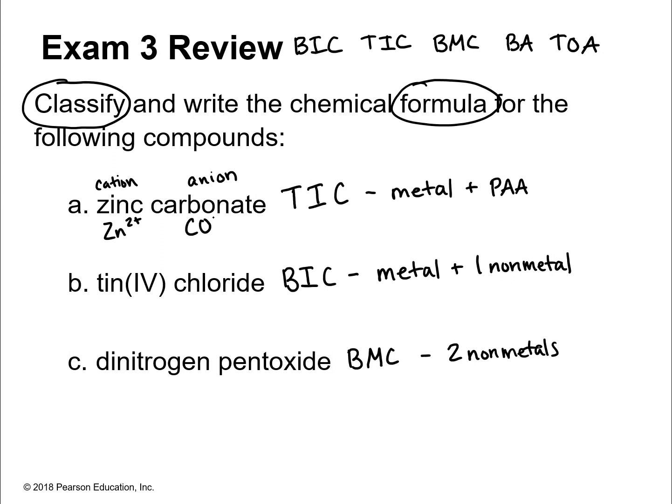Carbonate, since we know it's a polyatomic anion, you look at that table and you find that carbonate is CO3 2-. If I have one zinc ion and one carbonate ion, I get 0 as my net charge. So that means my chemical formula is zinc carbonate, just one carbonate ion, okay, one of each.